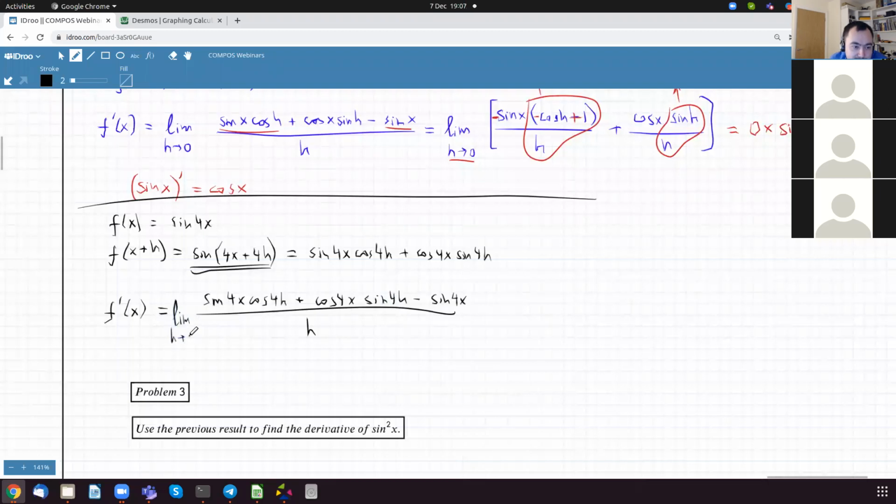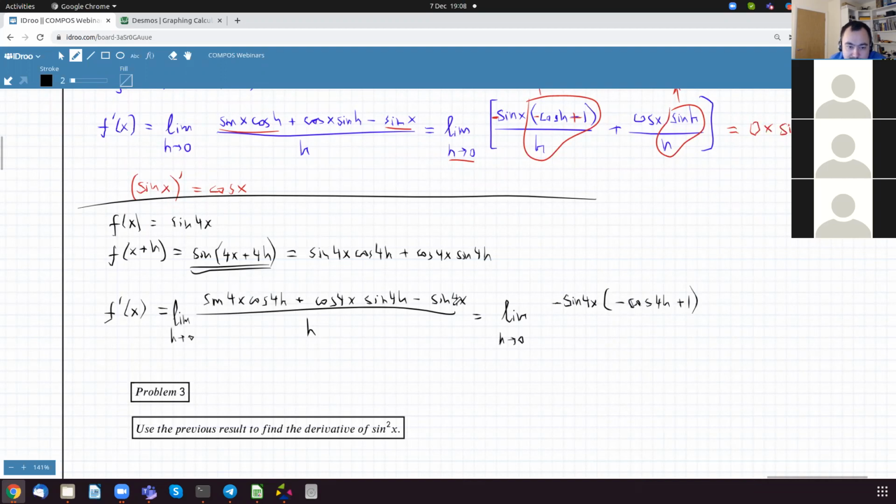The derivative equals the limit as h tends to 0 of, now combining the same terms again, sine 4x, open bracket. I'm going to be smarter this time. I'm going to take minus sine 4x out of the bracket. I'm allowed to do that. So I'm going to have minus cos 4h plus 1. So I'll do it straight away.